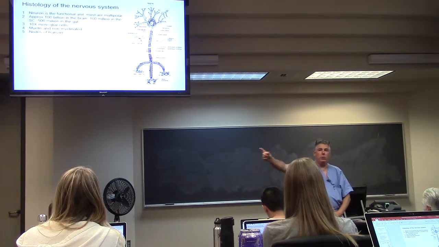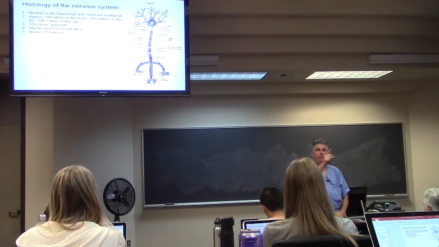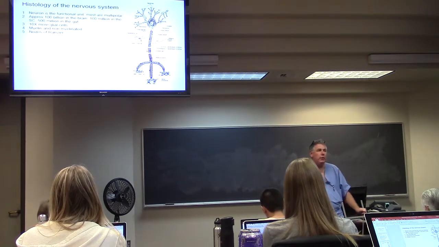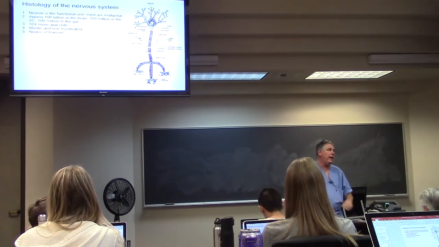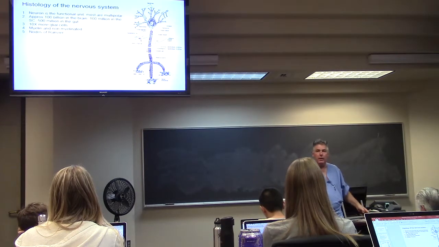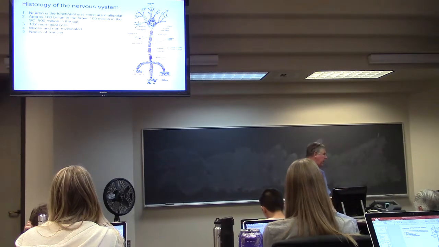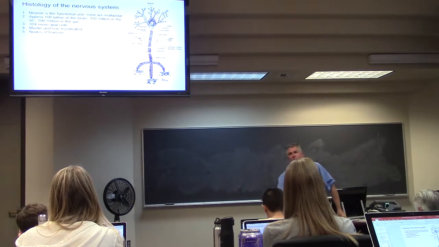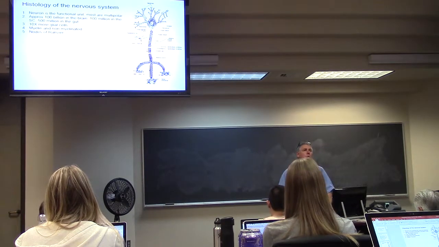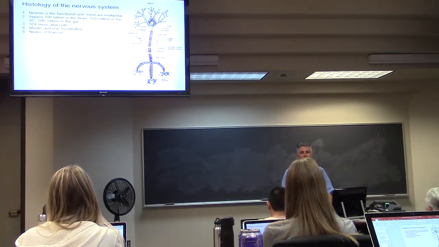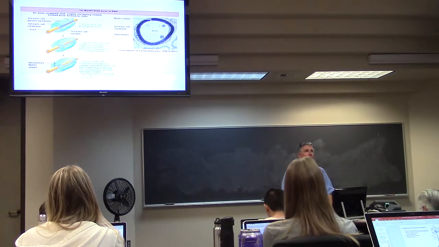So instead of just going like that, it goes bum, bum, bum, bum. That's called saltatory conduction, SALTA, saltatory conduction, which is what you'll see in myelinated axons. The myelin essentially speeds up the action potential from 2 meters a second to 200 meters a second when you're using saltatory transmission. Professor Falk, I'm sure, will cover that when she does physiology.